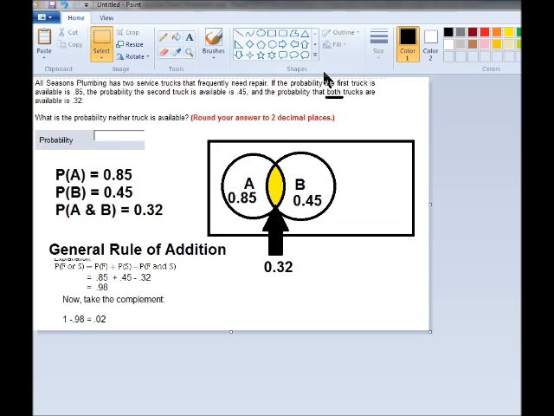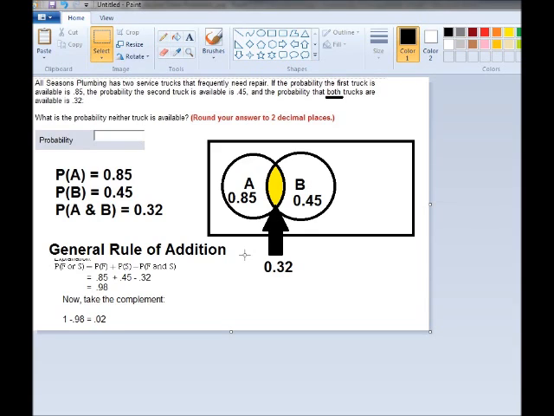What makes the special rule special is that your circles don't overlap, therefore there's no duplication to subtract. How do you know if your circles overlap or not? There is no overlap when your events are mutually exclusive. So let me say this. When are events mutually exclusive?